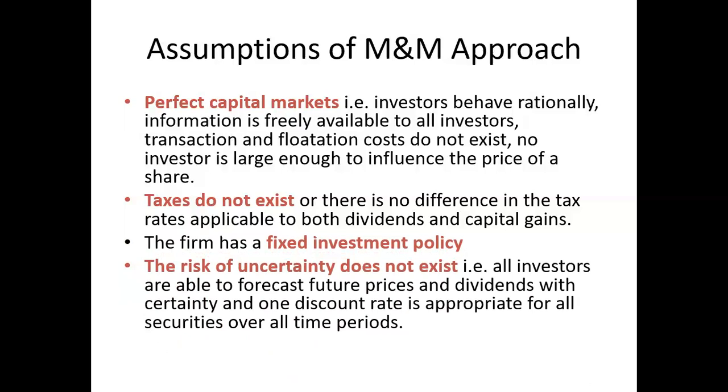Whatever the features of perfect markets, the same assumptions also apply to the M&M approach. Then, taxes don't exist: no tax discrimination between dividend income and capital appreciation. The assumption is necessary for the universal applicability of the theory, since tax rates or provisions to tax income may be different in different countries. So, this is universally applicable.